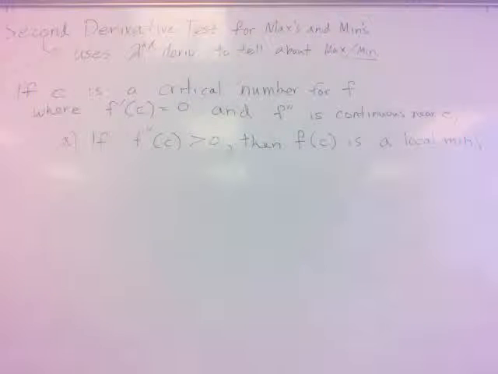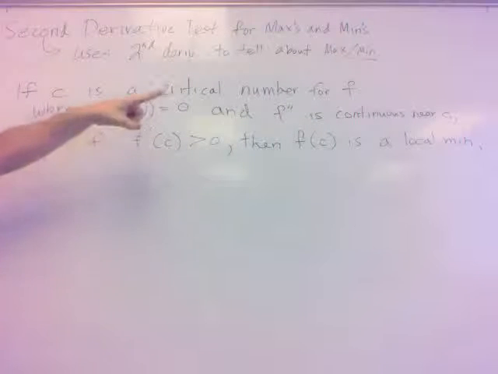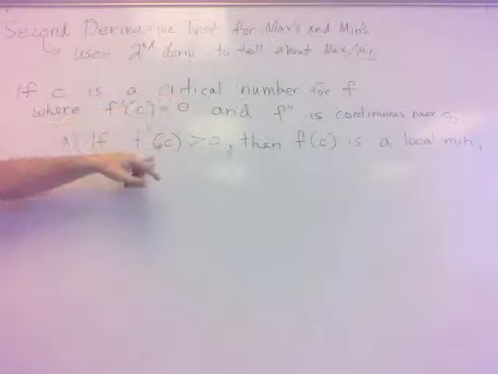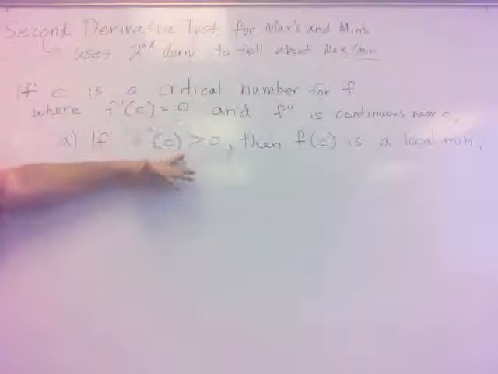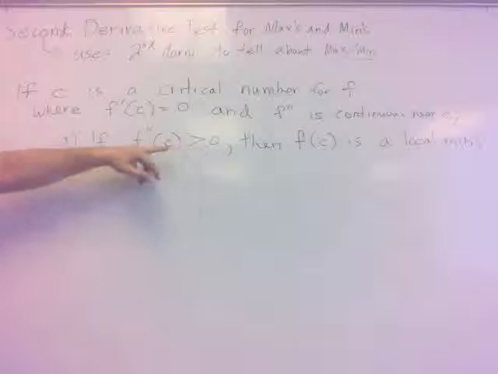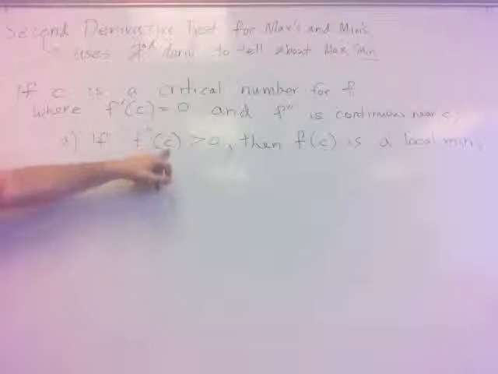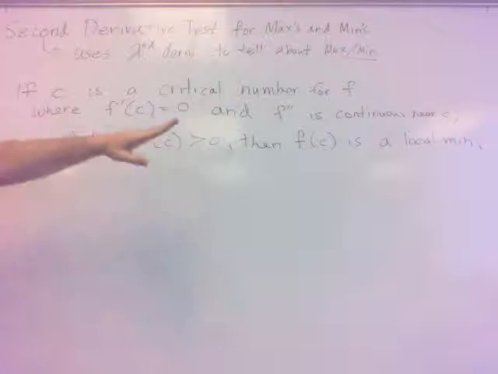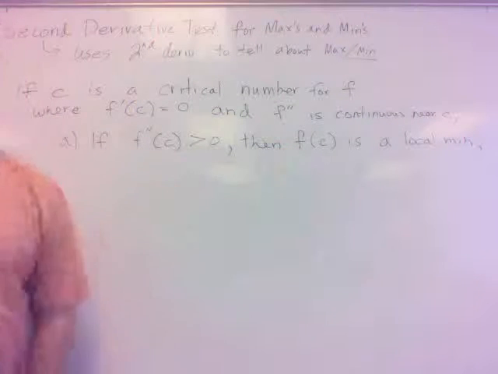What we're doing is getting this critical number just like we did before. But then when we get the critical number, we're going to plug it into the second derivative of the function and see whether that's greater than 0 or less than 0 or equal to 0. If you plug in your C value and it's greater than 0, it turns out you've got a local min there at C.